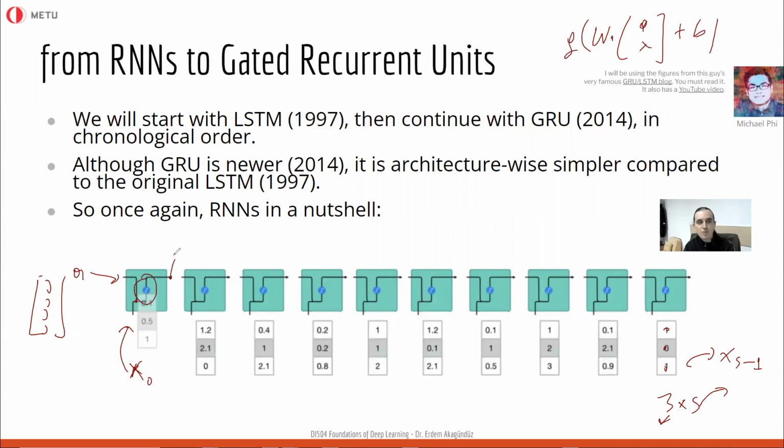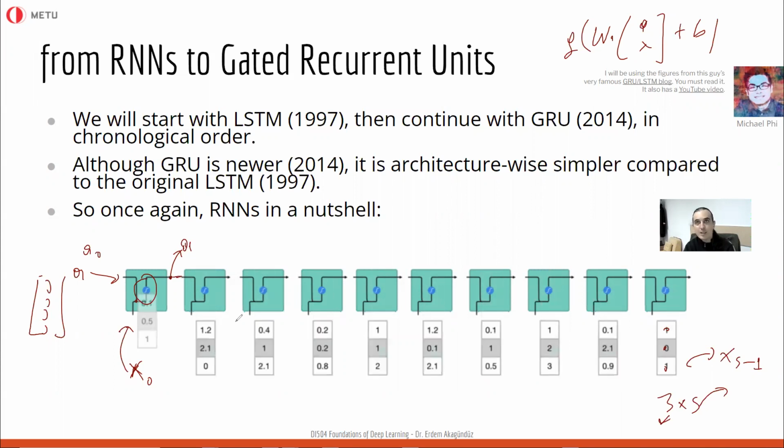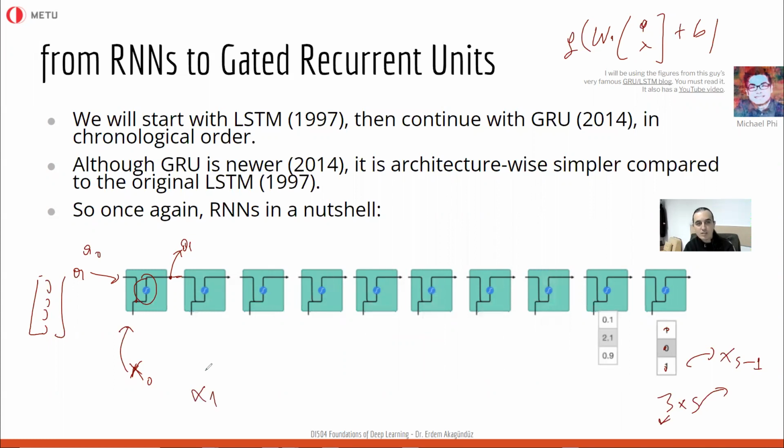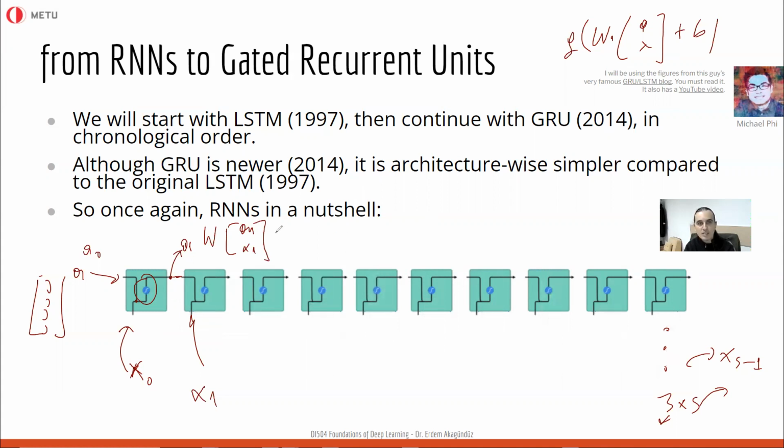And I have the output: if this is A0, this is A1, which is fed to the next sequence element, X1. In this case, A1 and X1 are concatenated and multiplied with the same matrix. The matrix doesn't change because these are the same recurrent nodes. This is an unrolled-in-time representation. And I calculate the new one, which will be A2.